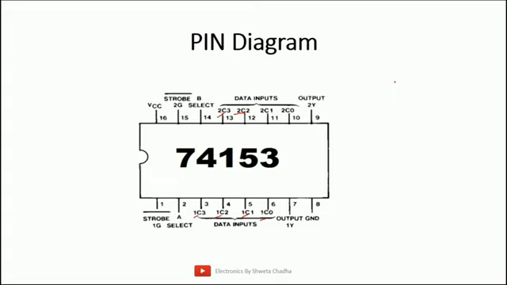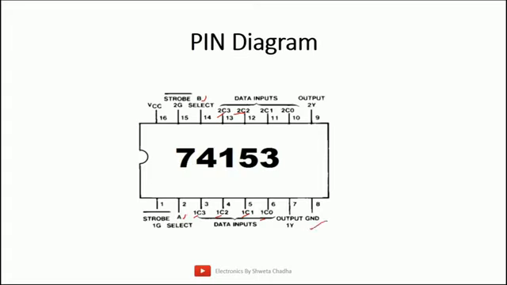As I have told you, we have 2 4x1 multiplexers available in the 74153 IC. So C0, C1, C2, C3 are 4 input signals, Y is output. Similarly, C0, C1, C2, C3, 4 input signals, Y output. But the select lines are common for both the multiplexers. That means the same select lines A, B, pin number 2 and pin number 14, will be used for the first multiplexer as well as the second multiplexer.